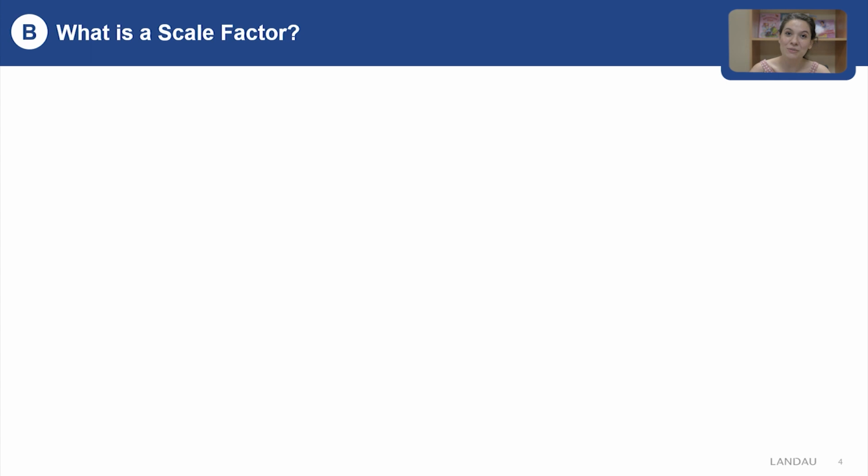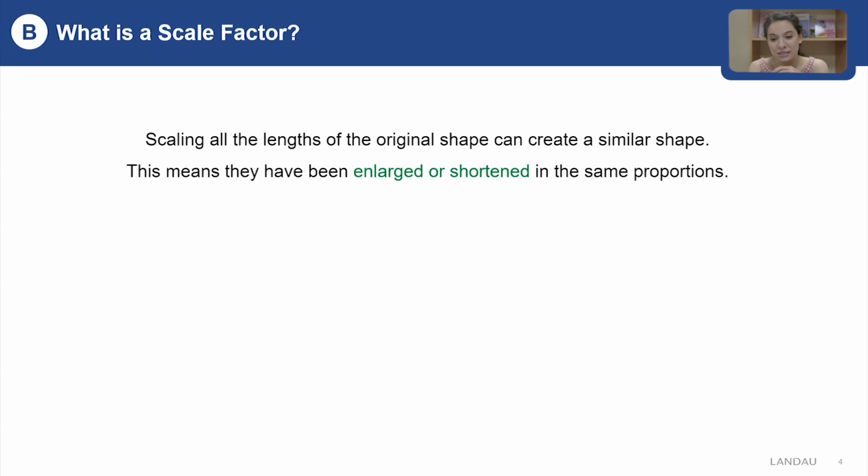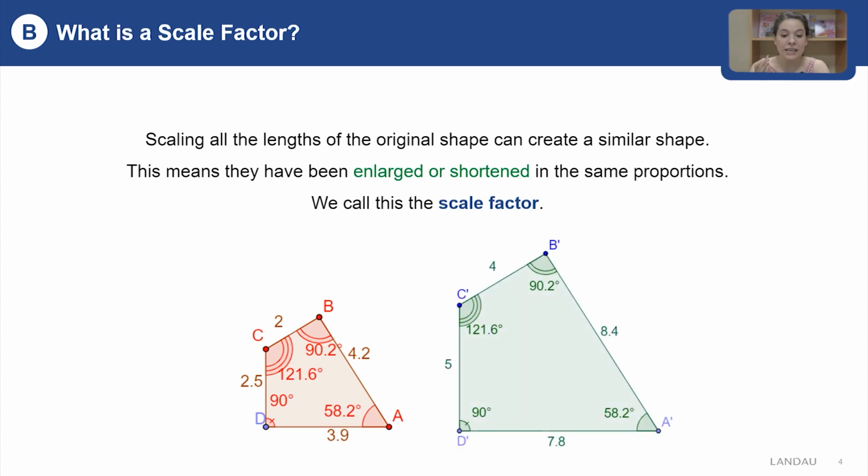So now it is time to learn what is a scale factor. Scaling all the lengths of the original shape can create a similar shape. So it means they have been enlarged or shortened in the same proportion. For example, in the picture you see two shapes, CBAD quadrilateral, and C'B'A'D' quadrilateral. Here we have the side CB of 2, and C'B' becomes what? 4.